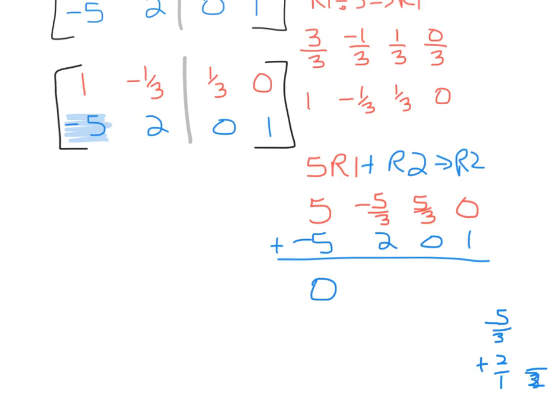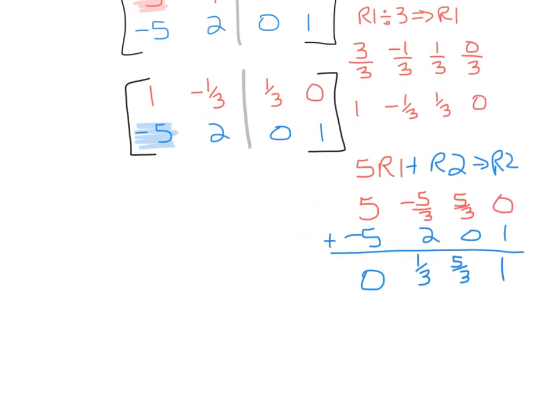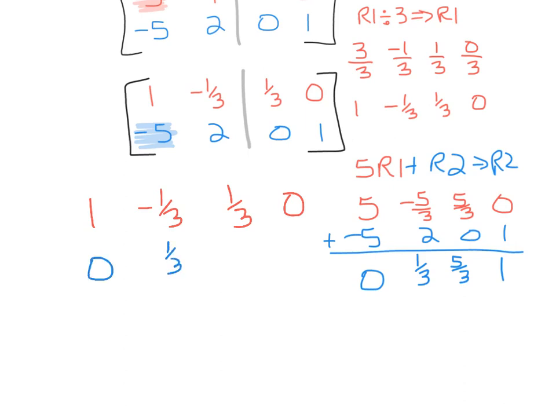Common denominator is 3, so this will become 6 over 3, and negative 5 over 3. So once I add that, I get 1/3. Over here is 5/3 and then 1. Go ahead and erase the work here. All right, so that is my new row 2. So row 1 is still the 1, the negative 1/3, positive 1/3, and 0. Row 2 is 0, 1/3, 5/3, and 1.